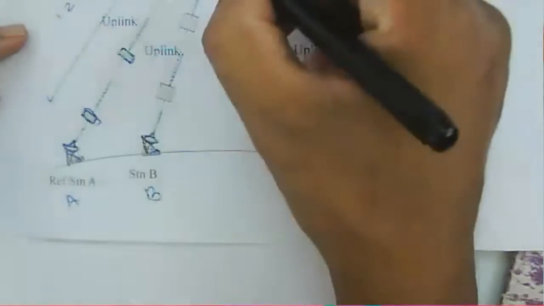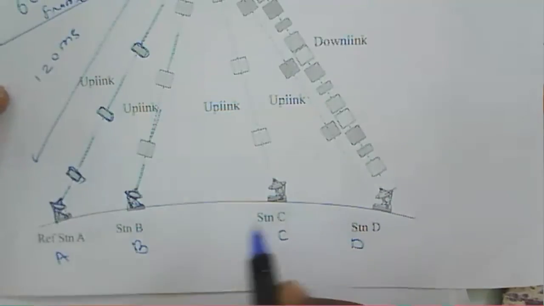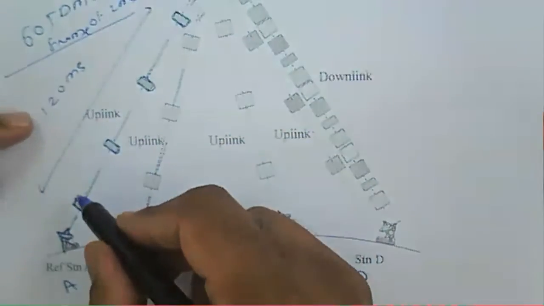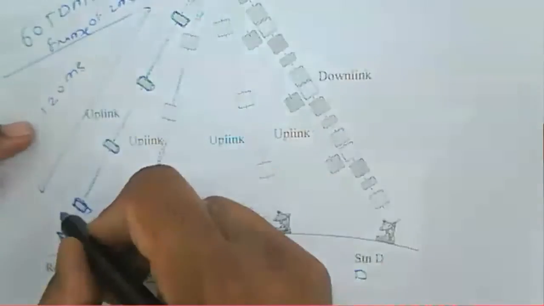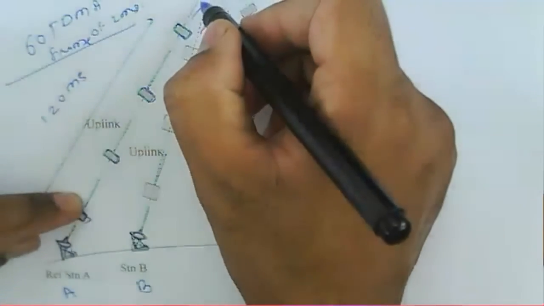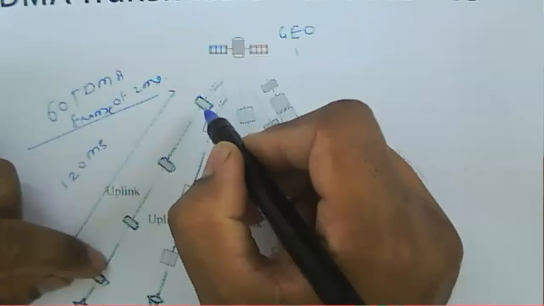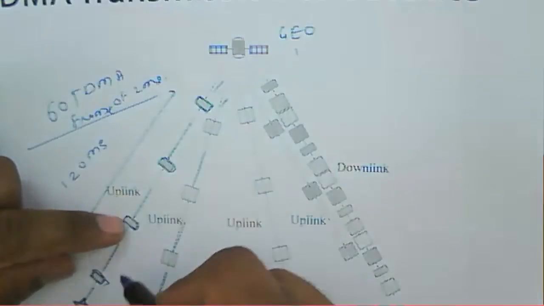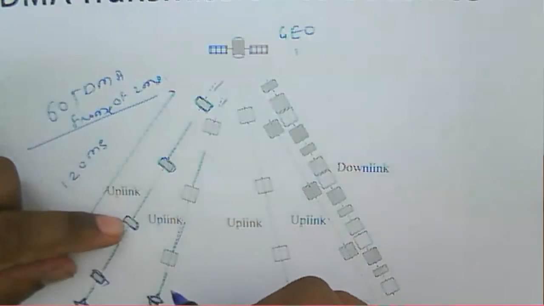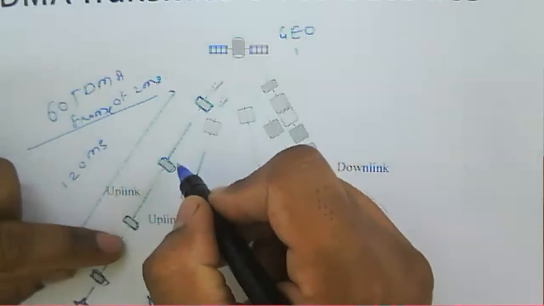Now each and every Earth station is located at a different position, so the range from each Earth station to the satellite will be different. If the distance is different, the uplink delays will be different.